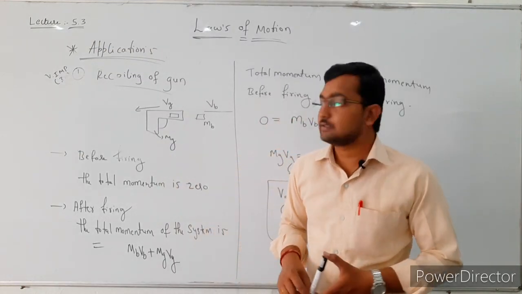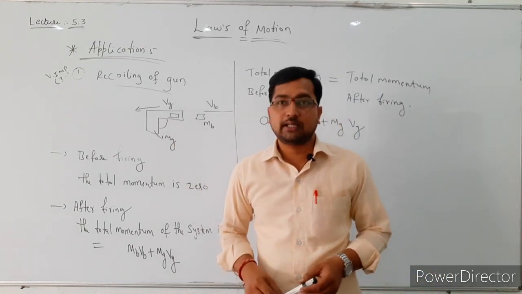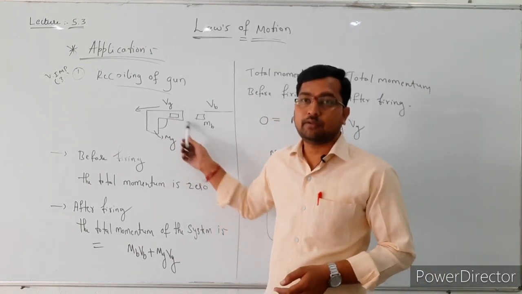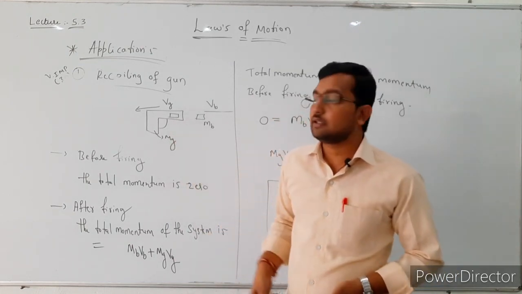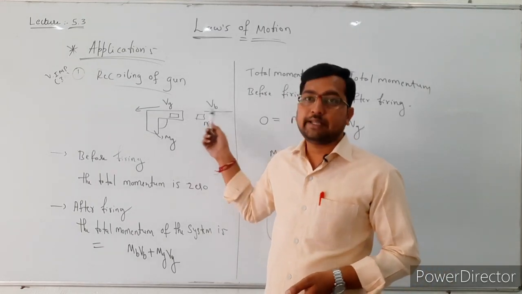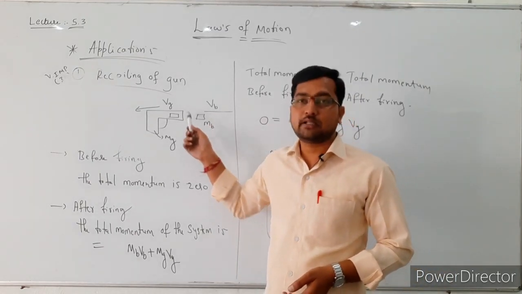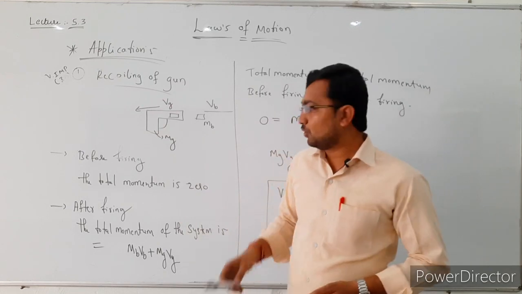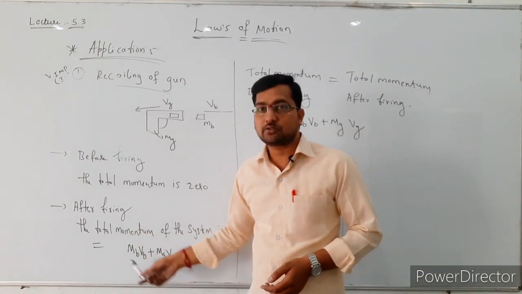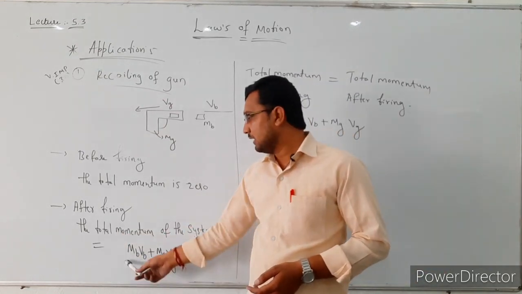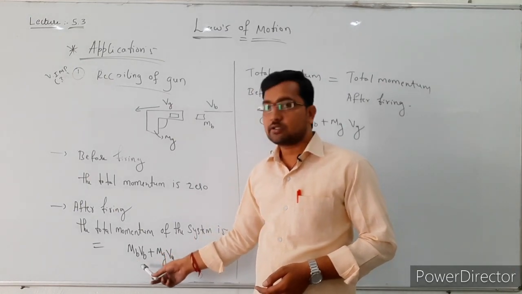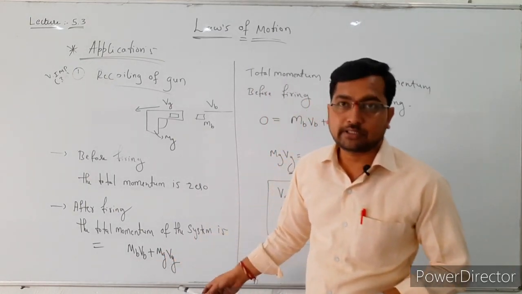Initially we consider the gun and bullet both at rest. The total momentum before firing is 0. After firing, the bullet is moving with some velocity and the gun is also moving with some velocity. The total momentum after firing is the mass of the bullet into the velocity of the bullet plus the mass of the gun into the velocity of the gun.